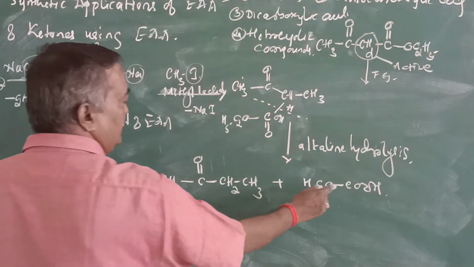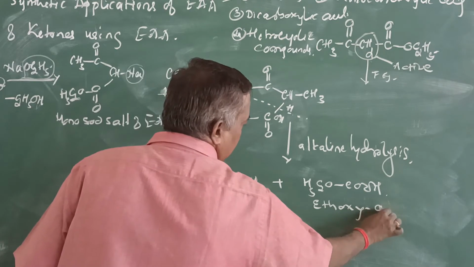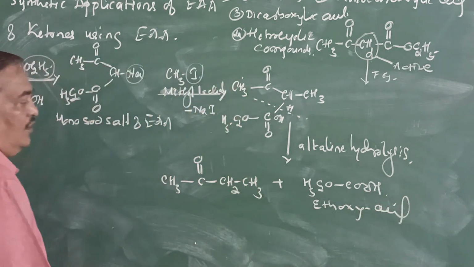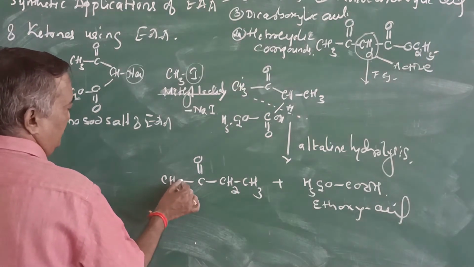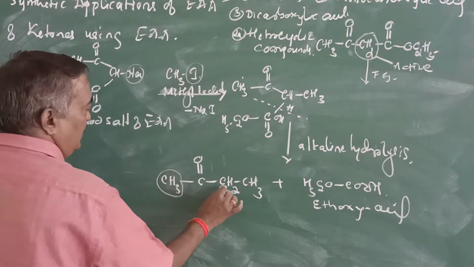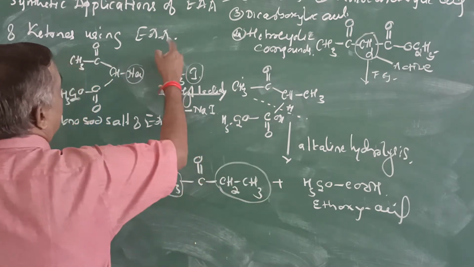This is ethoxy acid, or ethoxy methanoic acid. Sometimes we can refer to it according to your passage. Now you can see this is a CH3 group, and this is a C2H5 group, and there is a carbonyl group. So what is a ketone?